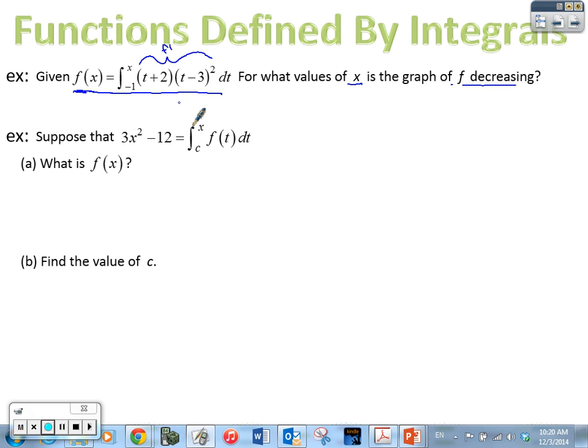So we're going to take the derivative and set it equal to 0. We do a sign chart. So that's -2 and 3. Testing our signs, we should get negative, positive, positive.